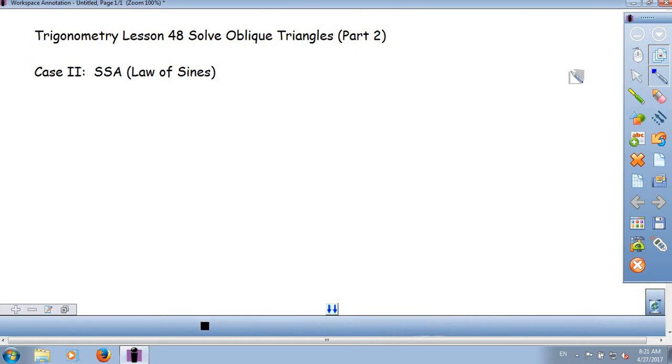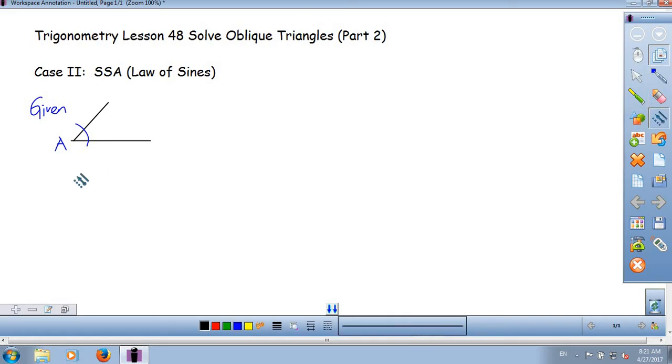Alright, so what are we given here? First, we're given one angle. Let's just draw a particular angle here. Let's say we're given angle A, and then we're given side A and side B. Their lengths can be different.